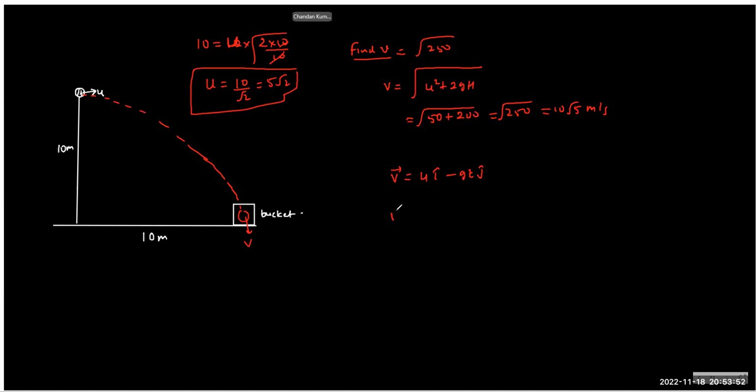So for the final speed, v vector equals u, which you got as 5 root 2 i, and t is the time of flight, which is root 2 at the end of the journey. Now you can find the modulus. It is two dimensional.